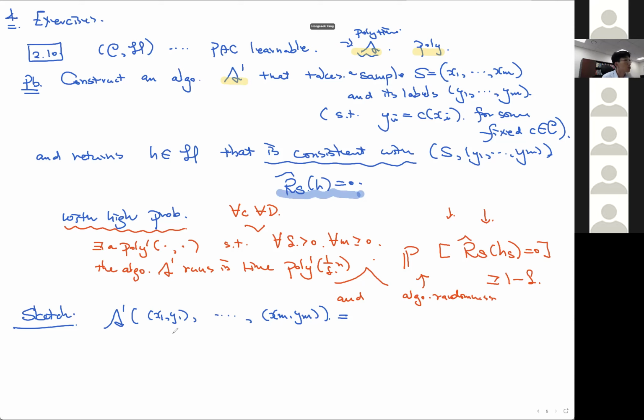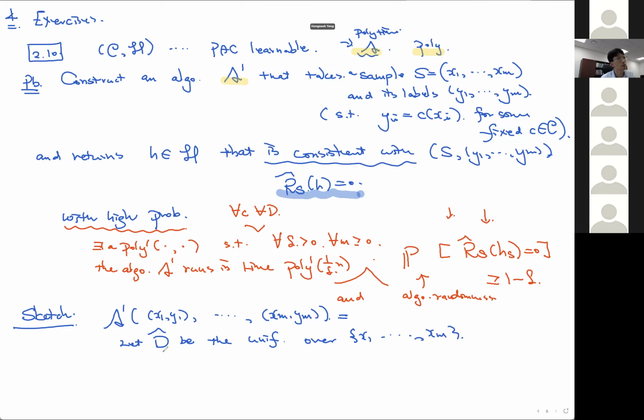What we do is we define a uniform distribution over x1 up to xm.